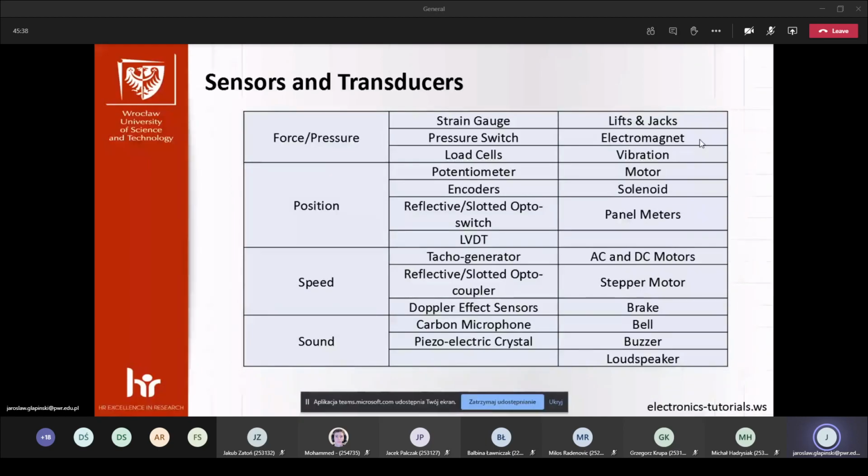I'm not going to discuss it now, maybe later, because we've got many sensors and a lot of transducers and actuators. So it's up to you what kind of problem, what we want to measure and what kind of transducer we will use.